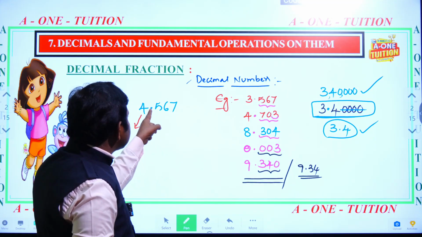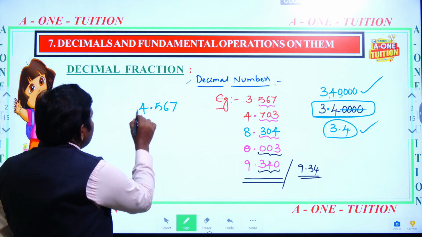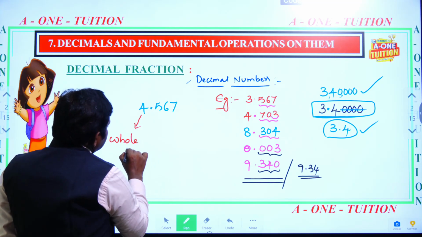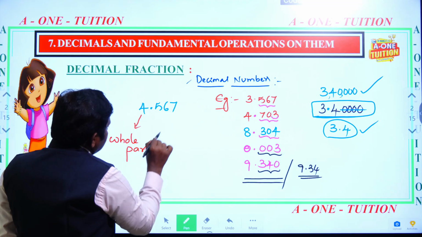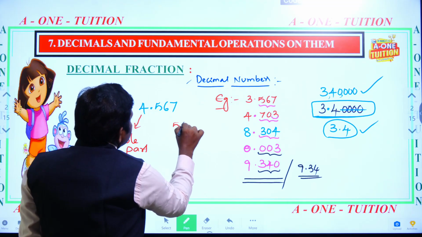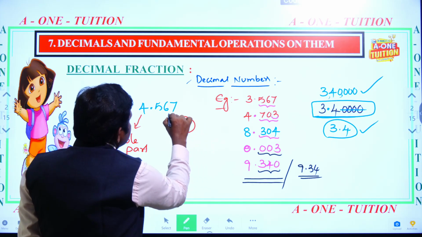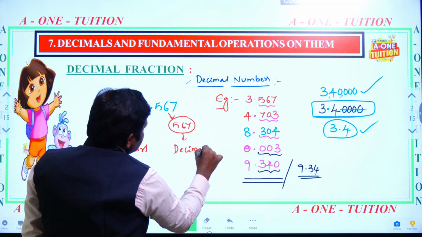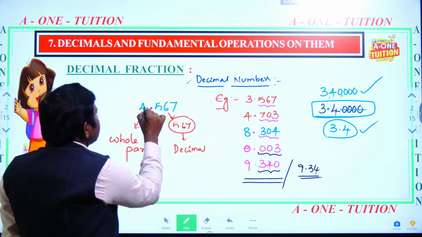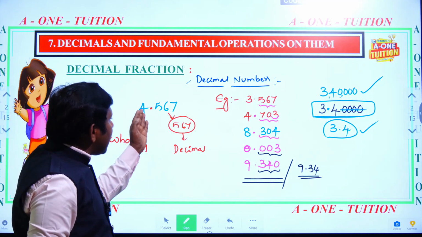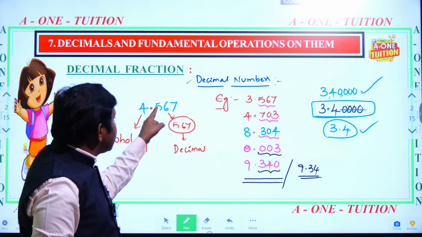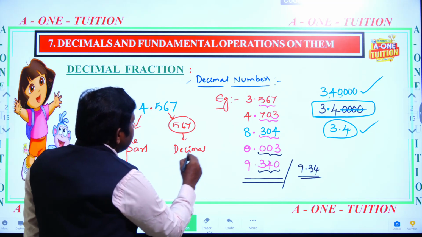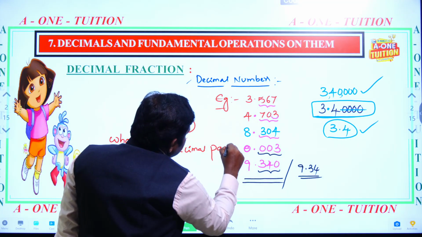The 4 before the decimal we call the whole part. Next, here 5 6 7 is called the decimal part. Before this decimal, this part is the whole part. After the decimal, 5 is there, 6 is there, 7 is there. So this 5, 6, 7 is the decimal part.